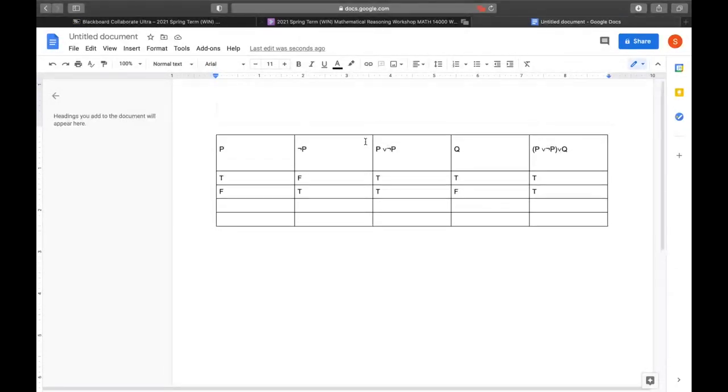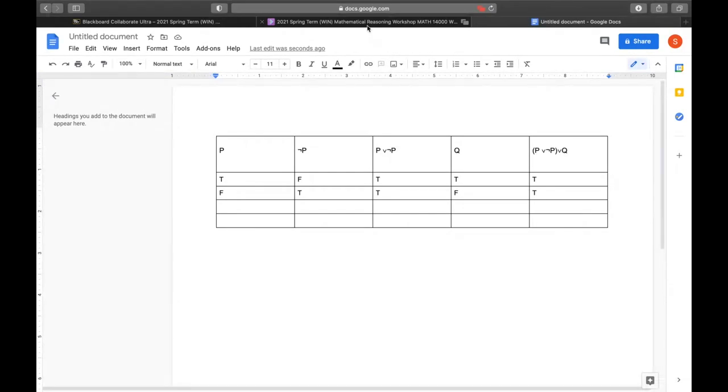You only have 2 rows. You need 4 rows, right? You need 2 more rows for this. You have P true, then not P will be false. Oh, it's not Q. So P and not P, yes. Then P or not P is always true. Then Q, oh, you made a Q here.